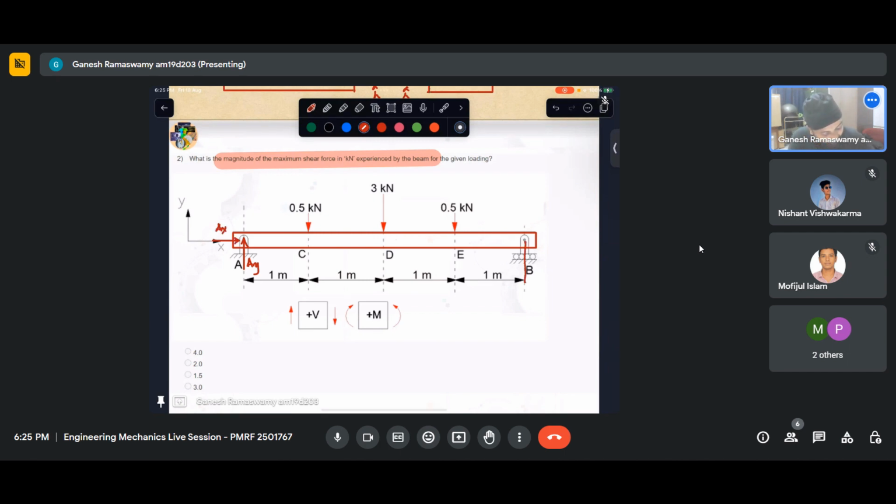I have one reaction, BY. Then I have a point load, which is 0.5 kilonewton. I have 3 kilonewton applied like that, and then I have another 0.5 kilonewton applied like that.